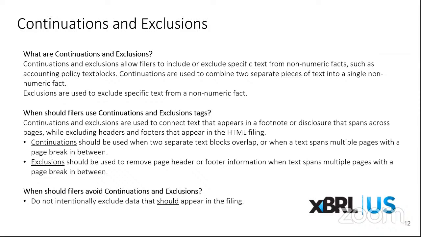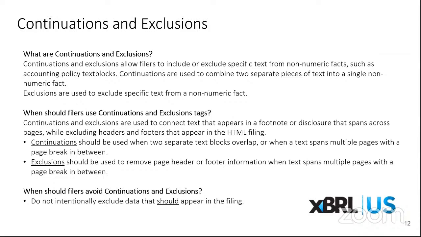For example, continuations. I know of a couple of our clients use documents where they begin to tag a note to financial statements inside of one division tag, and they would end the text block in a separate division tag. You would have to use continuations to stitch those pieces together. Otherwise, you have imbalanced tags in your actual tag document.